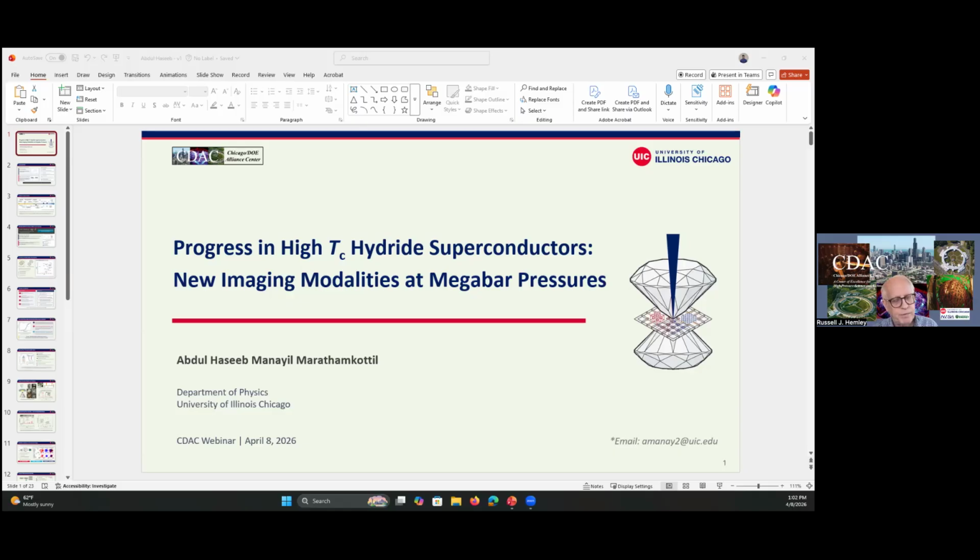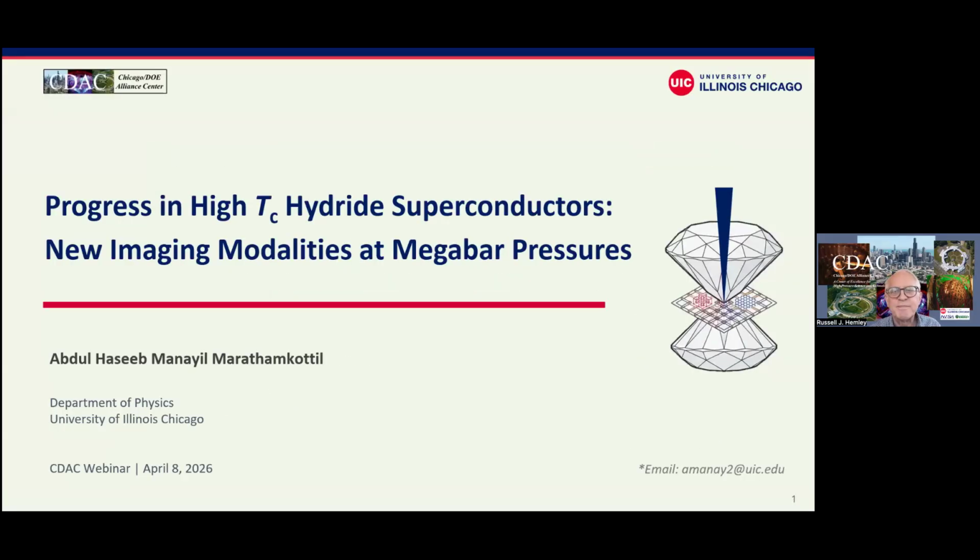And he was, in fact, the first chemistry graduate student to join our group when we moved in 2019 to UIC. He just completed his PhD a few months ago and is now a postdoc in CDAC at UIC. So over to you, Abdul. Glad to welcome you, and thanks for agreeing to give this talk.